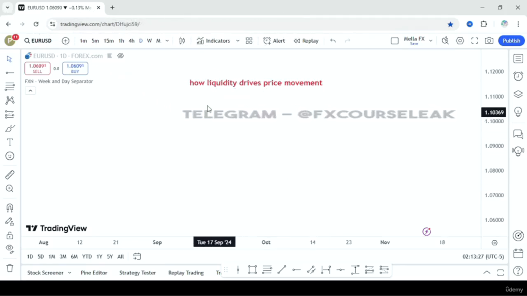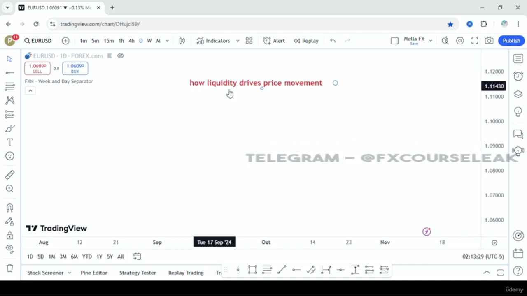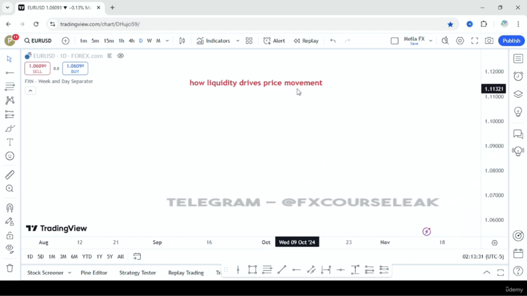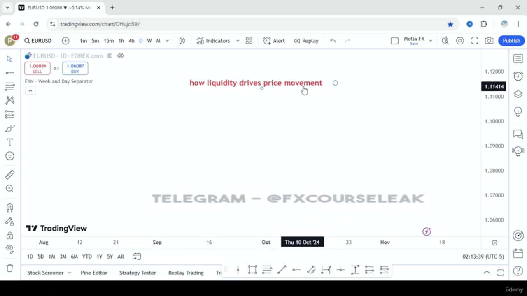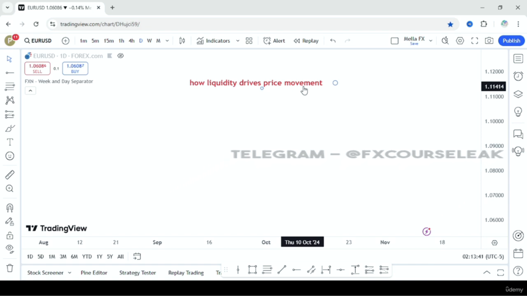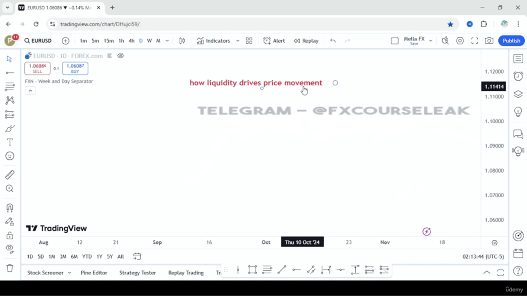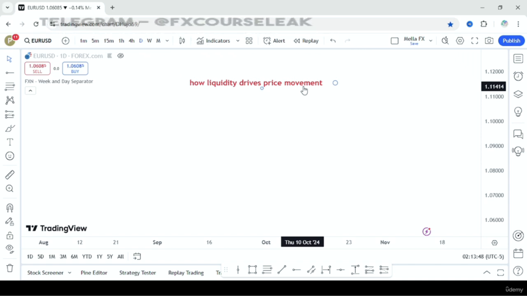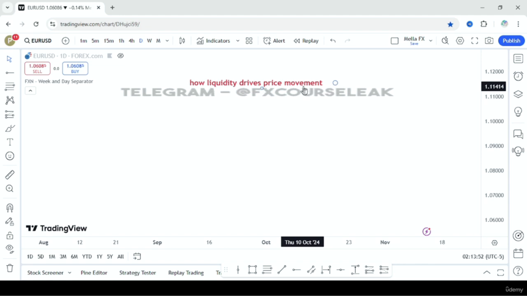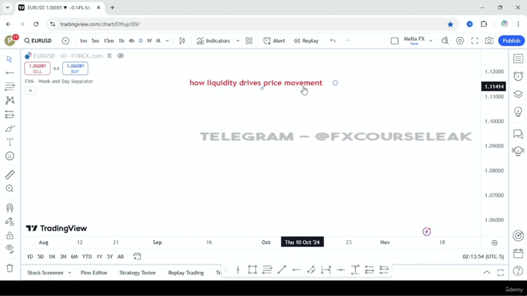So we are going to learn how liquidity drives price movement. In this lesson, we have to understand that the market moves from one level to another, and that the driving force of the market is liquidity.